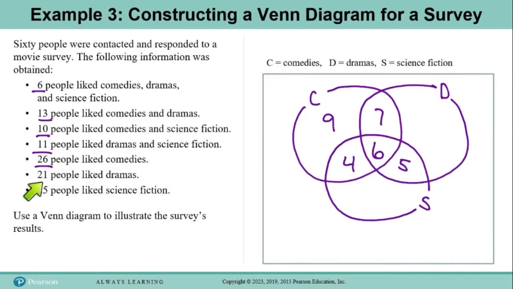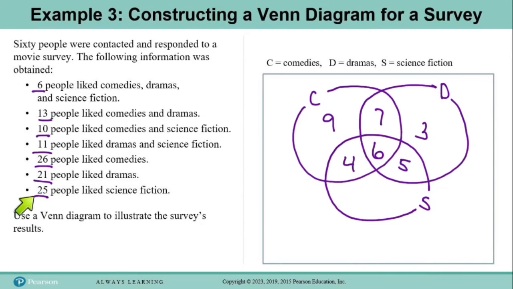Now the dramas. So we know that 21 people like dramas. We have some of them accounted for here. 7 plus 6 is 13, and 13 plus 5 is 18. So the 21 people who like dramas minus the 18 that are here leaves 3 people left over who like only dramas.